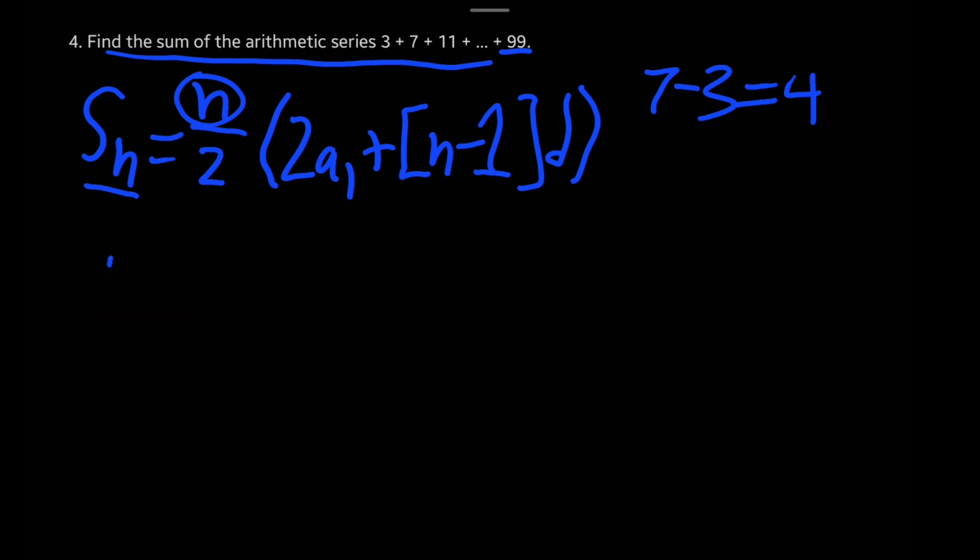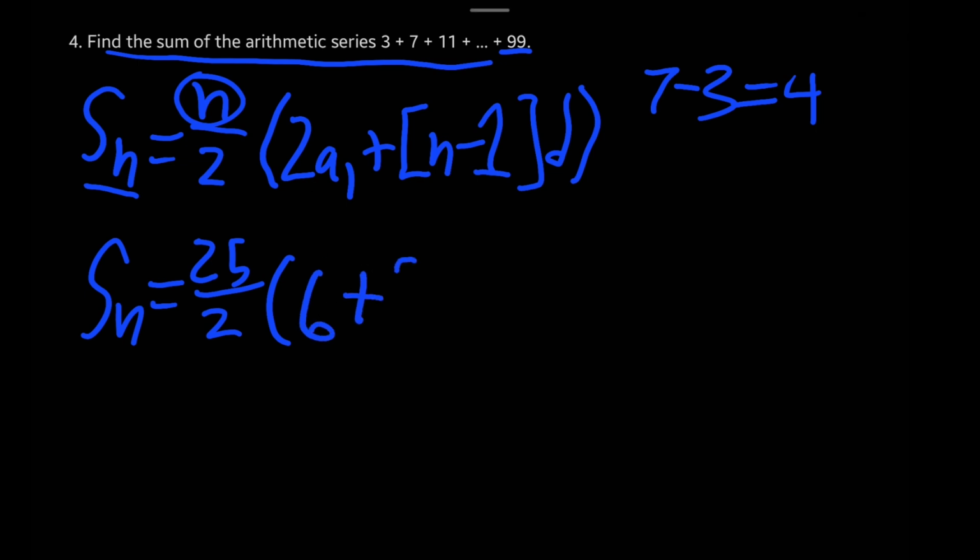The series is equal to 25 over 2, n being the 25th term, times a sub 1 is 3, so 3 times 2 would be 6, plus 25 minus 1, and our common difference 4.